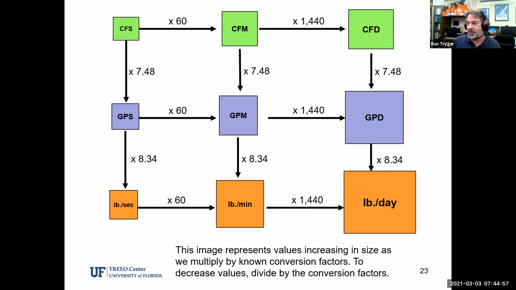If I start up at the top corner and point to this abbreviation, it says CFS. That's cubic feet per second. Notice that the box is essentially this size and this shape. If we start multiplying into the cubic feet per second using conversion factors, we're going to start getting larger and larger values. The actual numbers will get bigger.